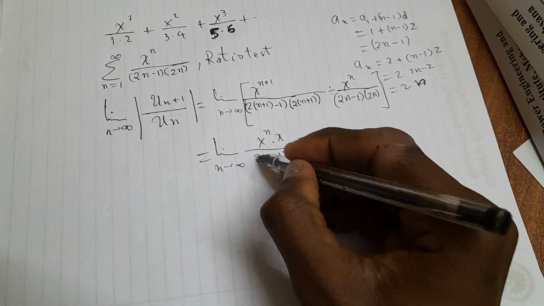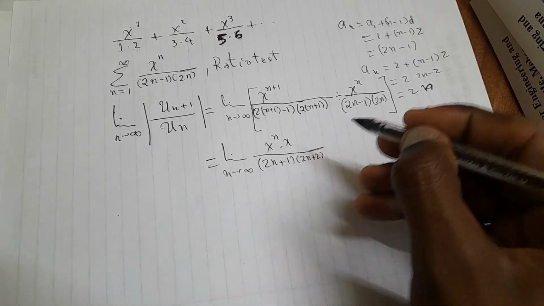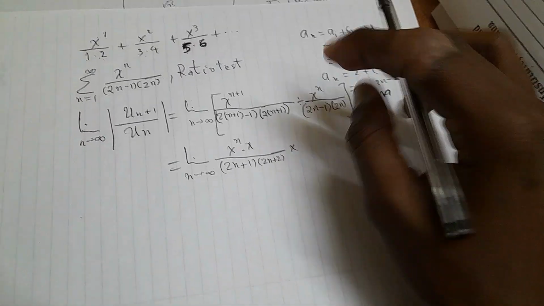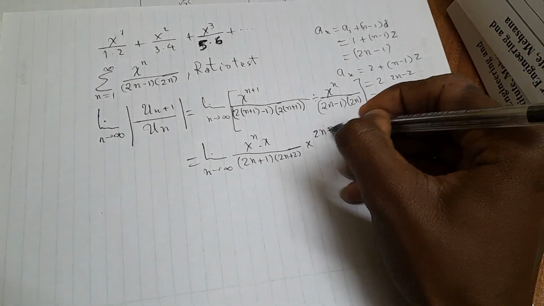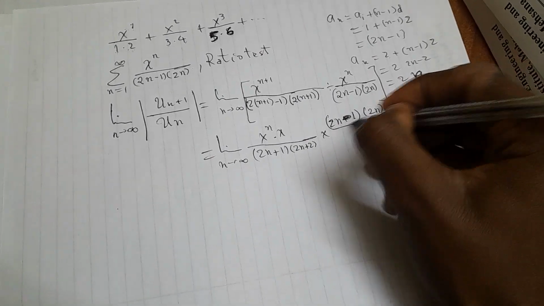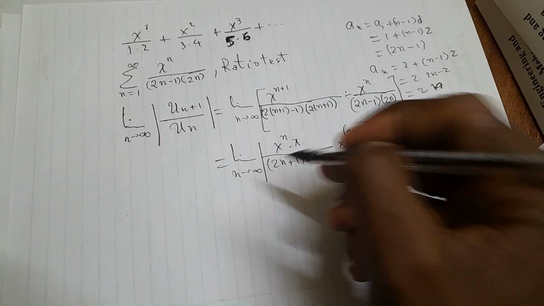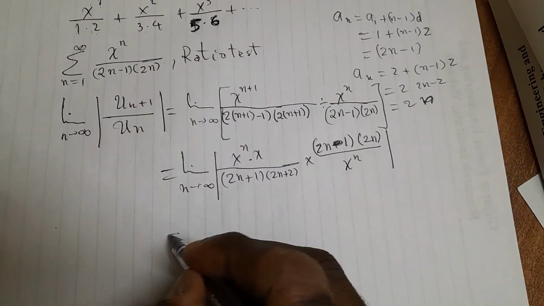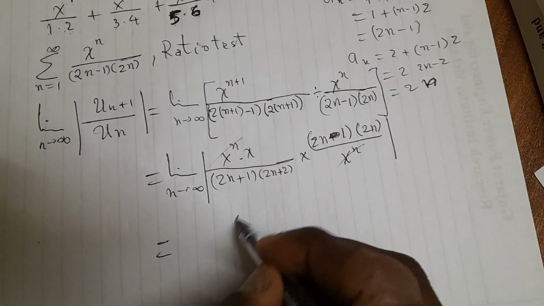Just solve this. This will be 2n plus 2 here, then flip-flop the division, you get 2n minus 1 times 2n, over x to the power n. The x to the power n cancels out.